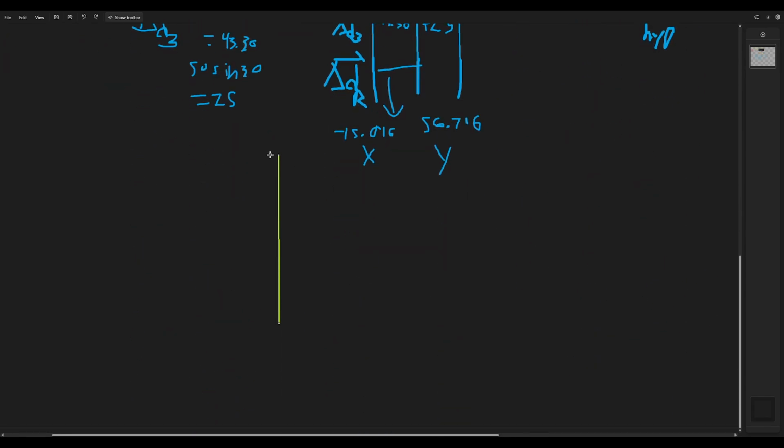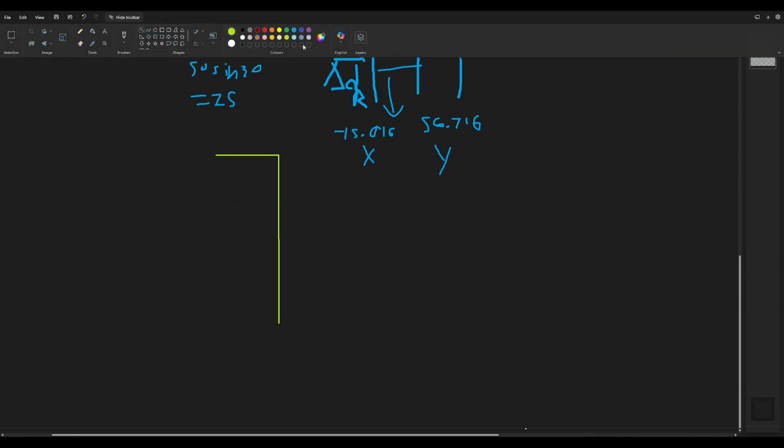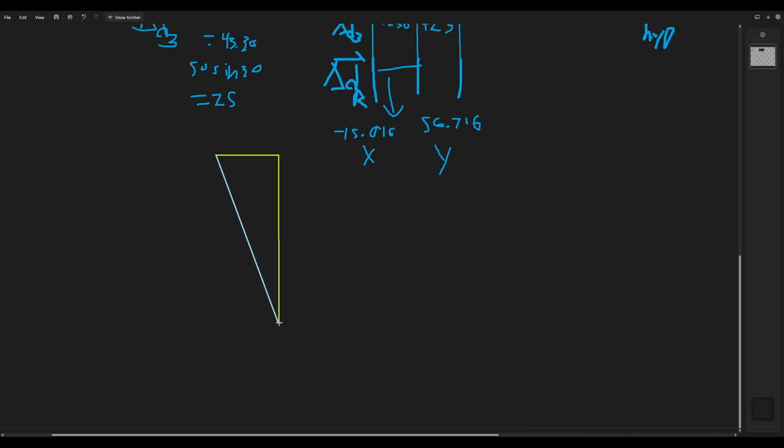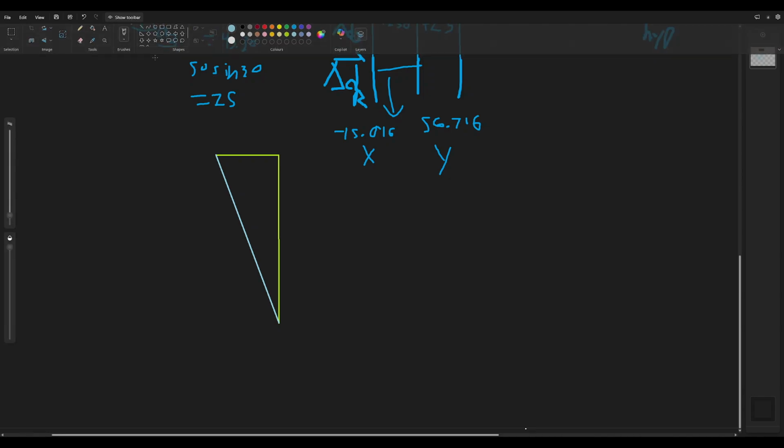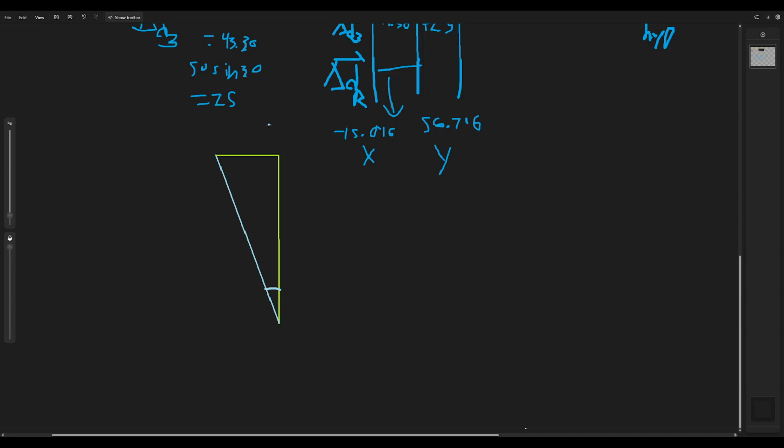Then from this point on, I go negative 15, and that's a little more to scale. And then finally, this is what we're trying to find, the magnitude of our resultant. We'll also need this angle. 15.016.